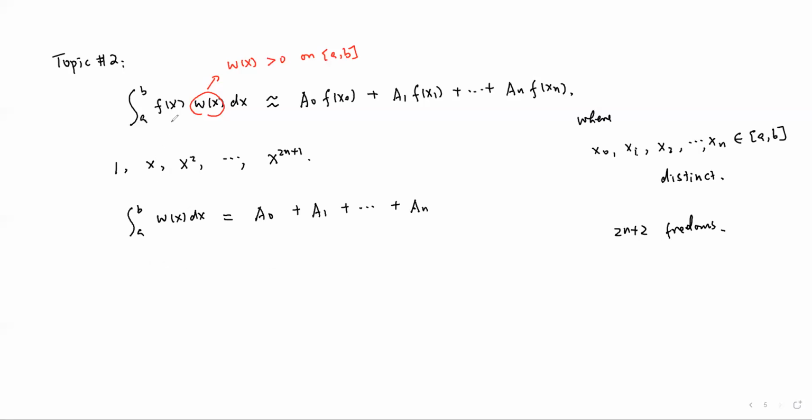Plug in x in F, second equation: the integral of x times function W, and now F is x, so the value is x0 times A0. x0, A0, they are unknowns. So at least the first term is not linear, and then the second term.